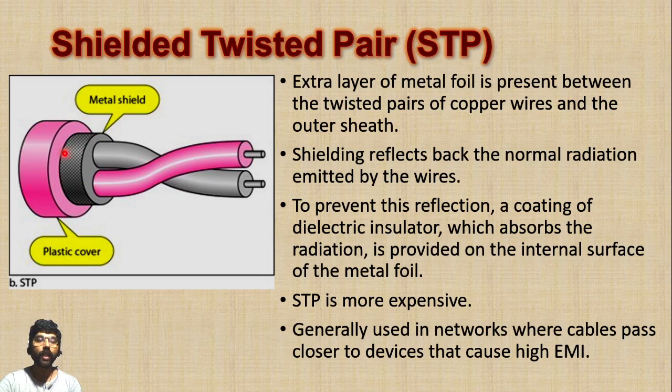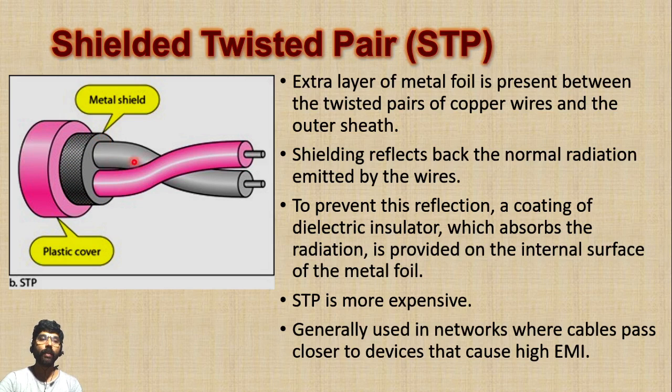In shielded twisted pair, the foil prevents any external noise or distortion. But this foil reflects radiation.